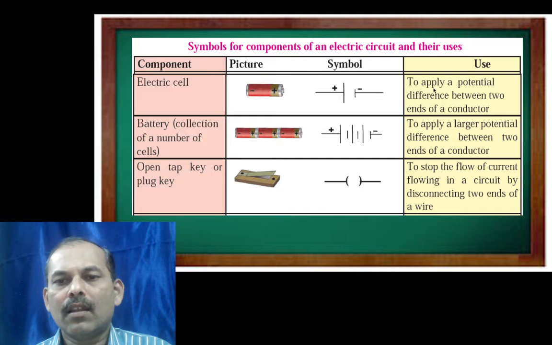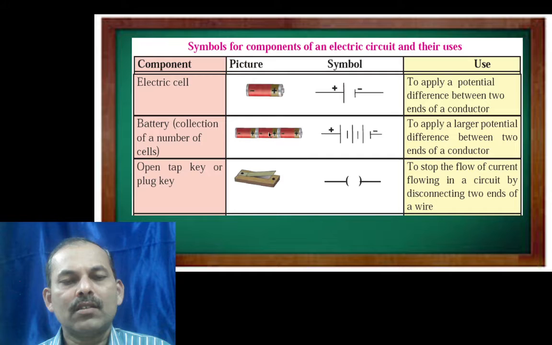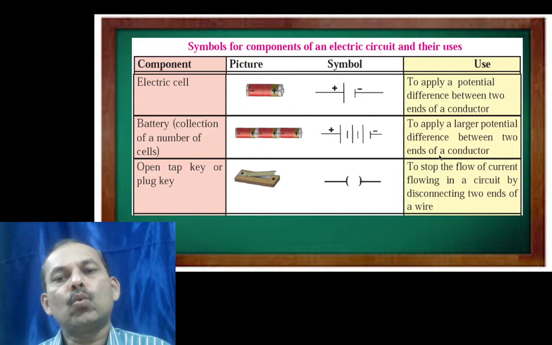An electric cell is used to apply a potential difference between two ends of the conductor. Then a battery: like this we have to join the cells. The symbol is like this, and it is used to apply a larger potential difference between two ends of the conductor.